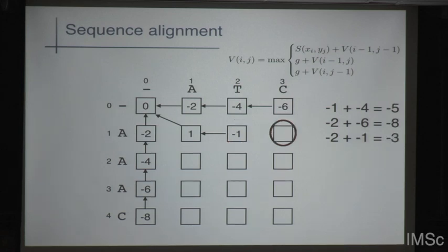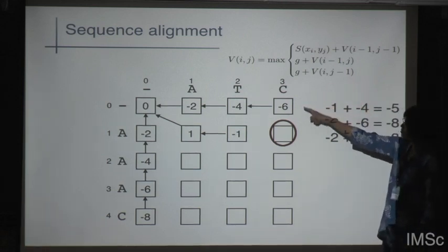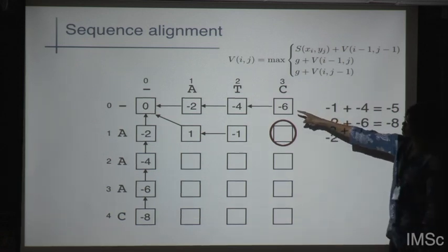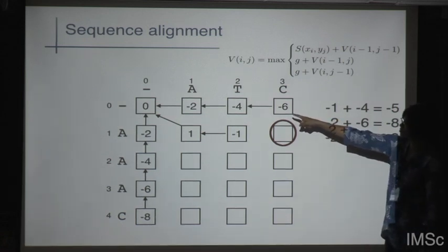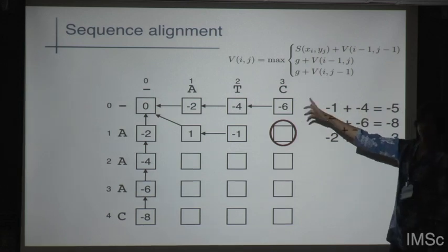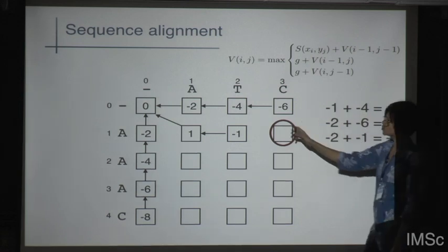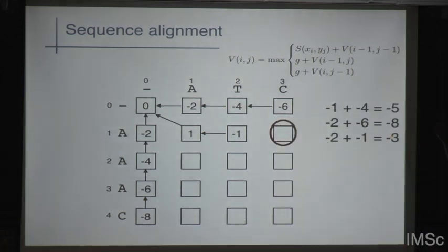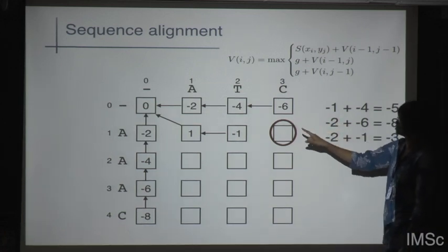Okay, let's do the third one. Again, the first one says you match A with a C, and add the previous alignment you had so far. What this really means is that A and T are both aligned with gaps. That thing is saying minus 4.